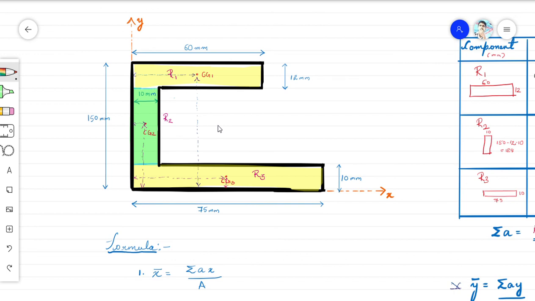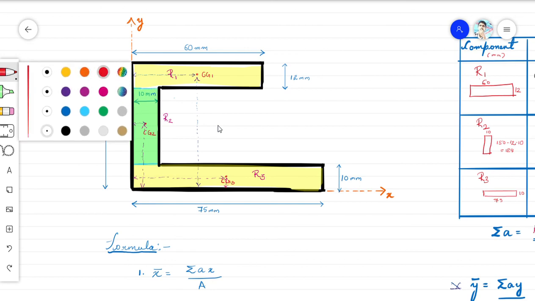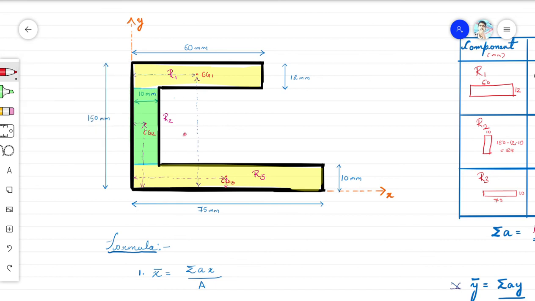And one more thing, just apply it over here, the last. So y bar, that is 73.5, and somewhere over here it comes, and from here it is 20.4. So it comes somewhere over here. So this is how we get to know the CG, or centroid.